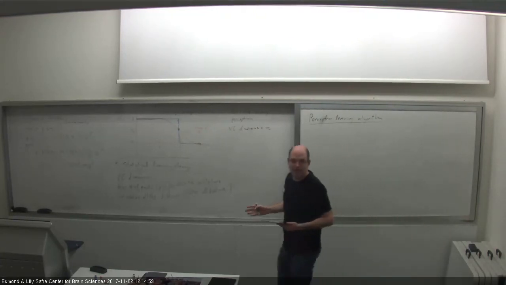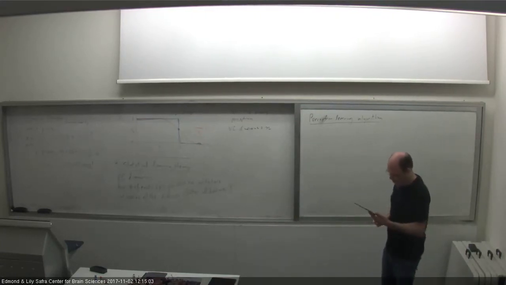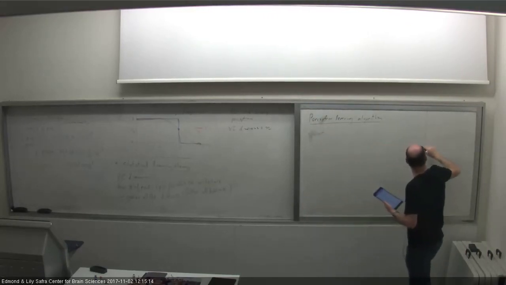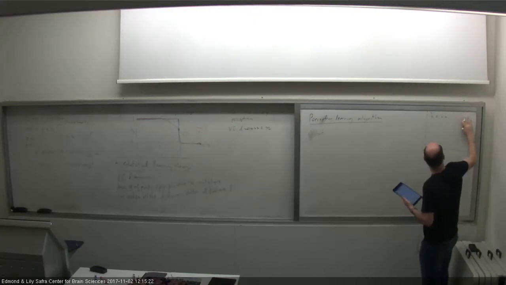I will just describe it to you, okay? So, the idea is the following. Maybe I will just draw the architecture so that you will remember. We have our inputs, x1 up to xn.